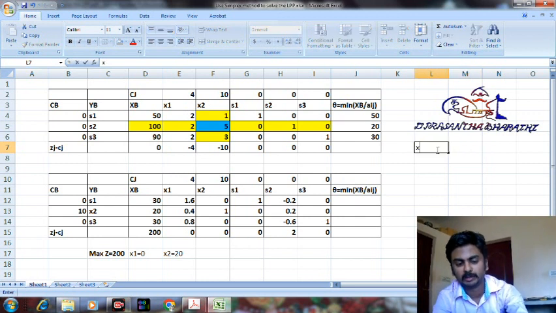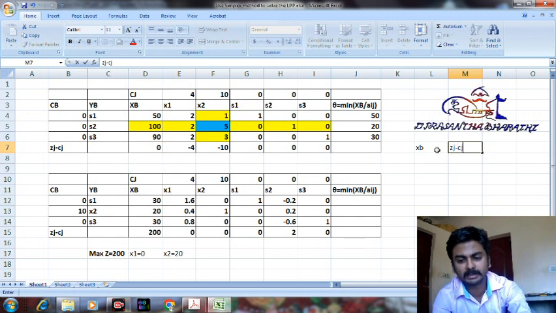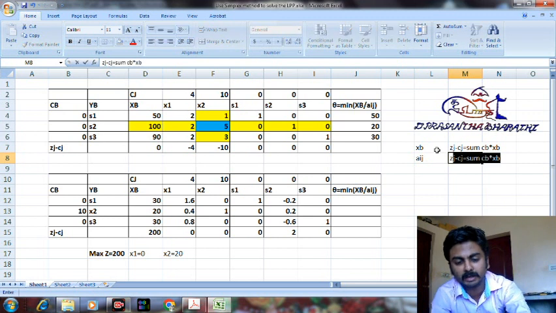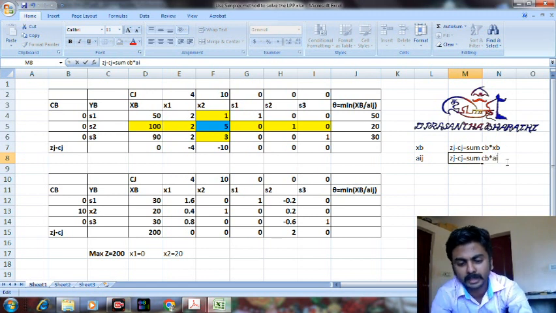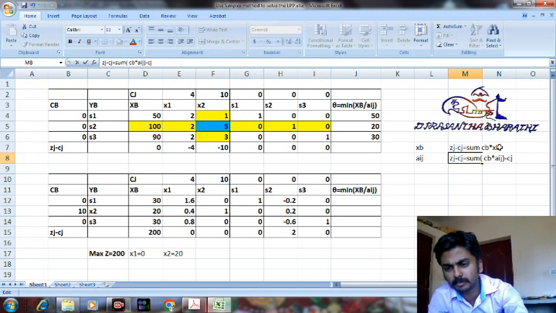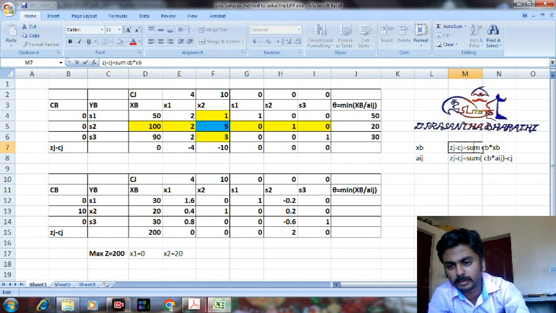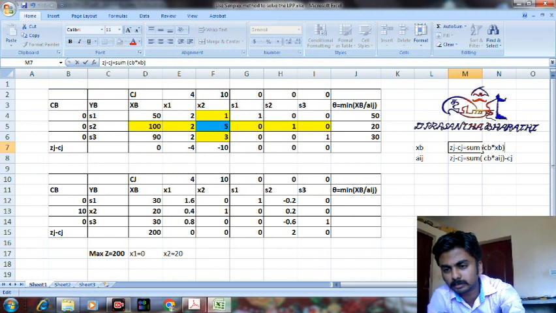For the XB column, we have Zj minus Cj equal to the summation of CB into XB, and for the Aij column, we have the formula Zj minus Cj equal to the summation of CB into Aij minus Cj.